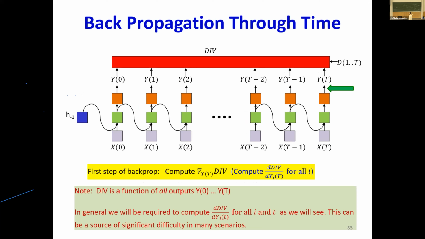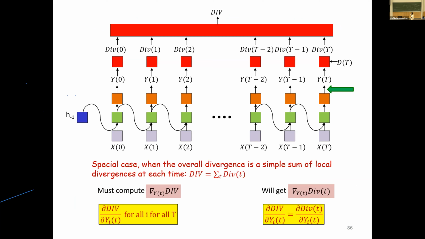So let's see how we perform backpropagation. Now we're going to start at the final time. The very first step of backpropagation is to compute the derivative of the divergence with respect to the final output of the network, the one that's being pointed to by the green arrow. Now, remember, we are computing the derivative.